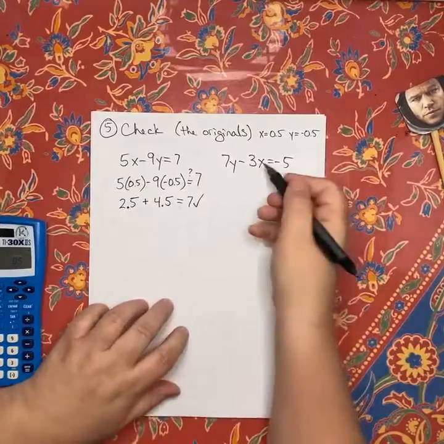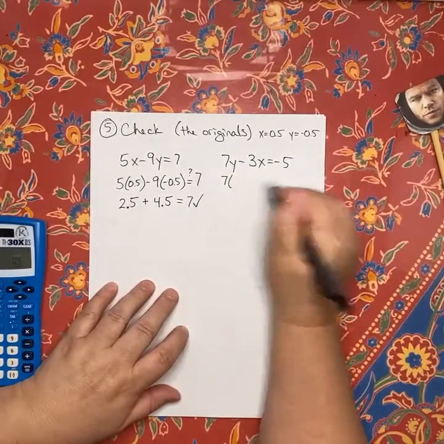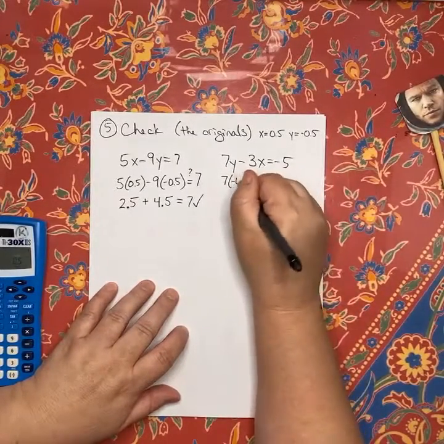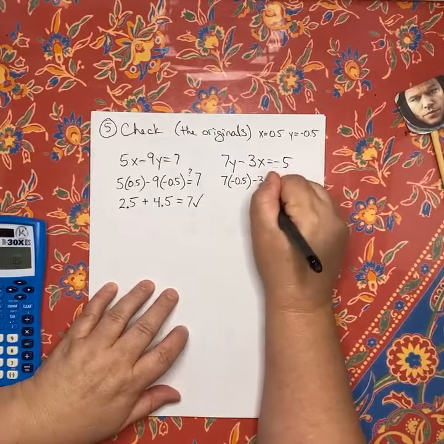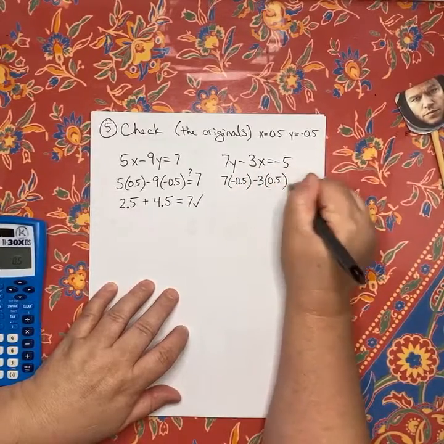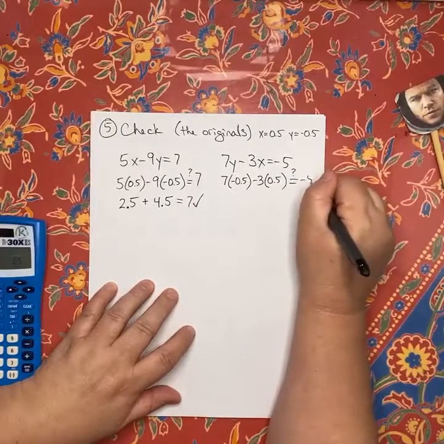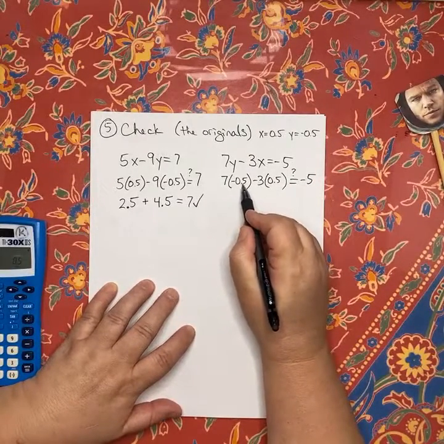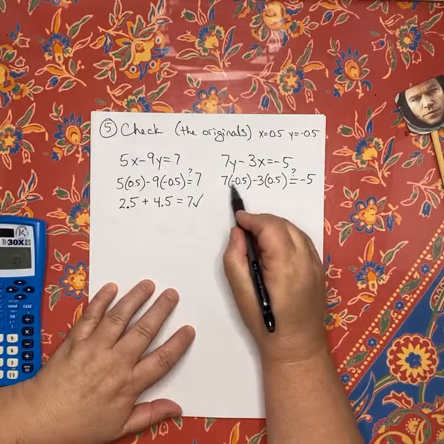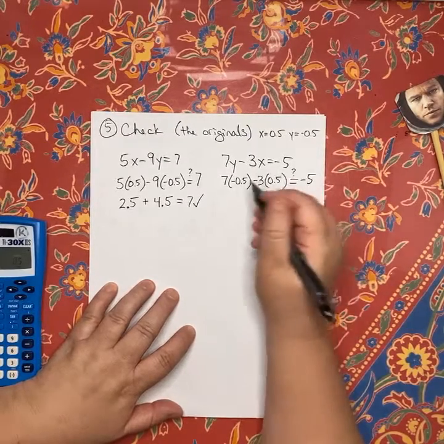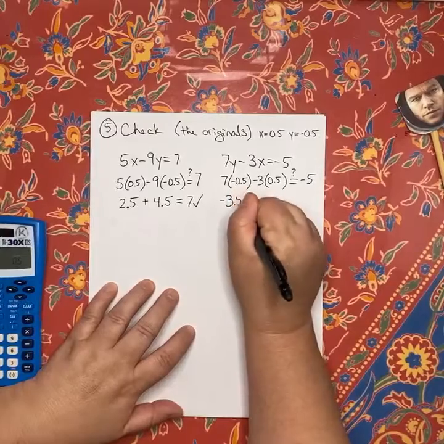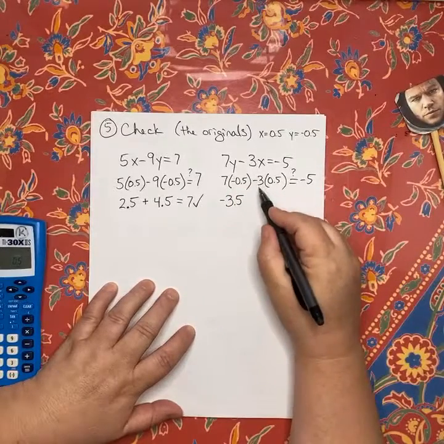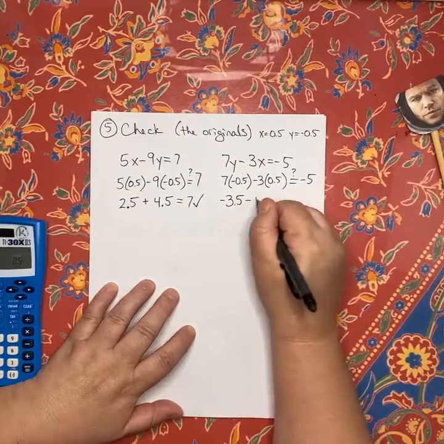Woohoo! Let's try this one. 7 times y, which is negative 0.5, minus 3 times 0.5. Does that equal negative 5? So 7 times 5 is 35. Slip the decimal point, or half of 7 is 3.5, but it's negative. So negative 3.5. And then 3 times 0.5 is negative 1.5.